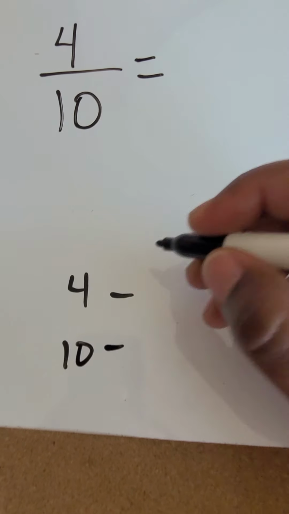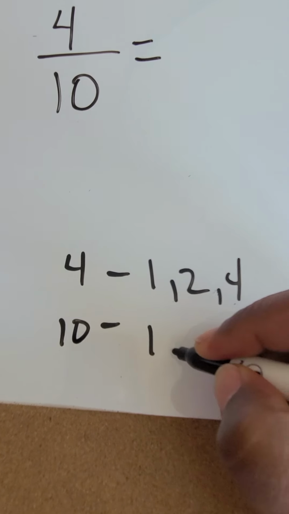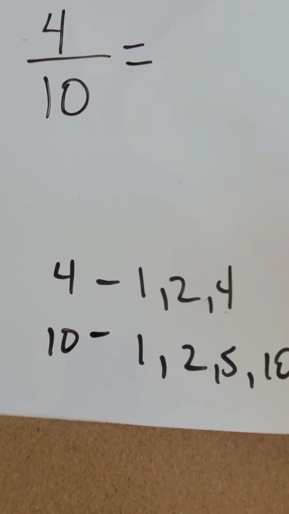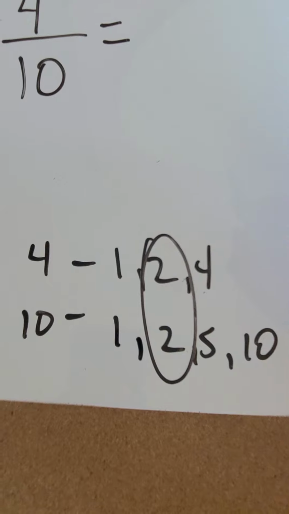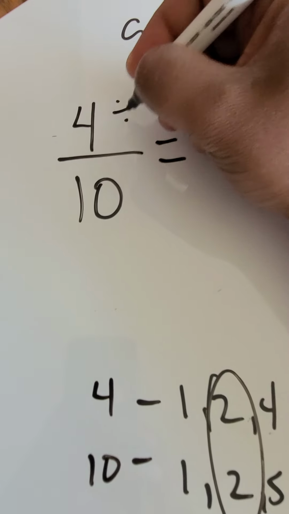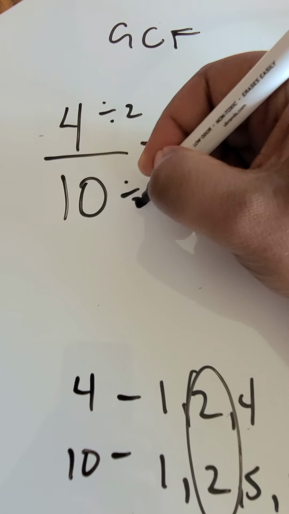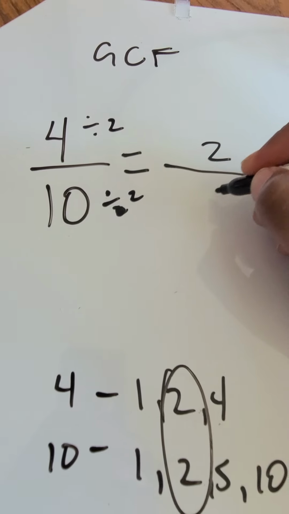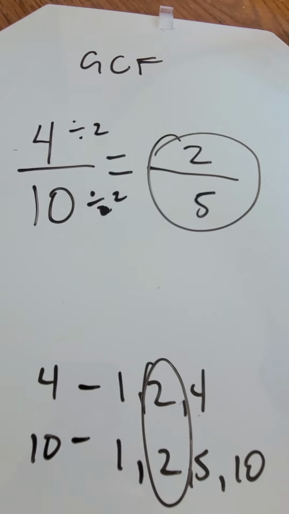But this is just for demonstration purposes. 2, 4; 1, 2, 5, and 10. Again, we see the GCF, the greatest common factor, is 2. So we're going to divide both the numerator and denominator by 2. 2, 5. So the answer would be 2/5.